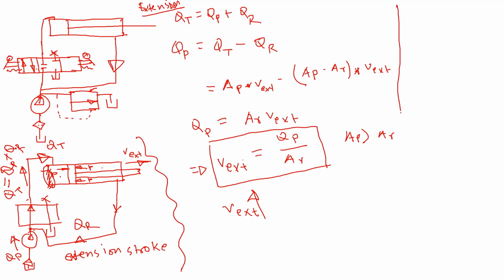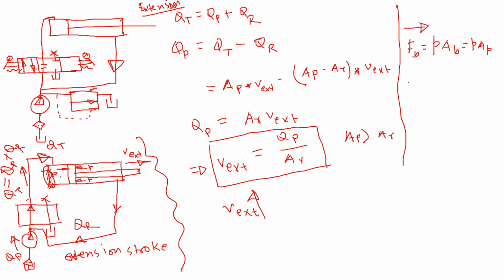If we have the same pressure on both sides, we can calculate the blank end force like this. FB is equal to pressure times the area of the blank end, which is the area of the piston. So P times the area of the piston.